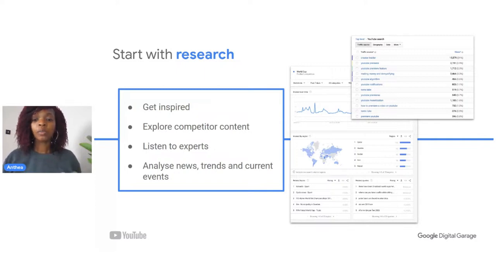For example, a channel may notice that a significantly higher number of viewers arrive at the channel by searching for a title of a popular format like meme review, as opposed to searching for the channel itself. So this indicates a higher viewer affinity for the format and might encourage the channel to make the format a bigger part of the overall channel's content.